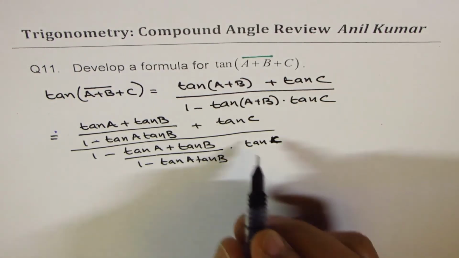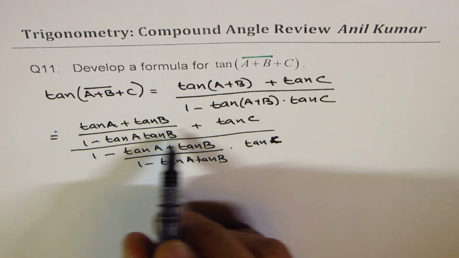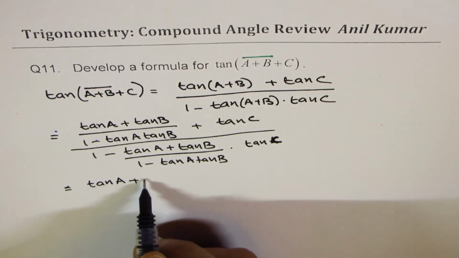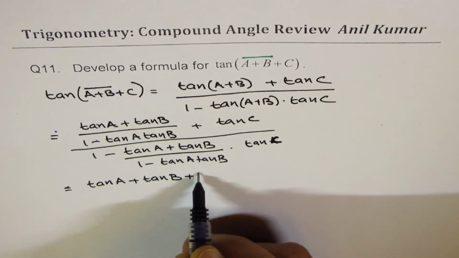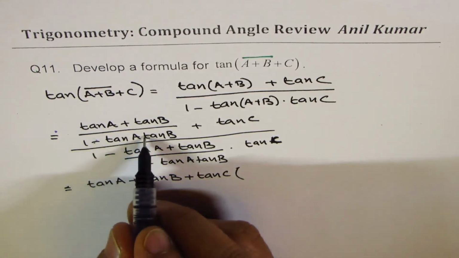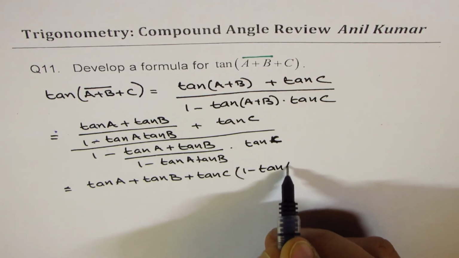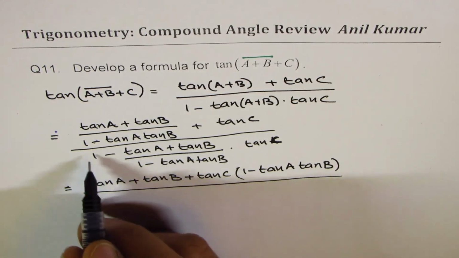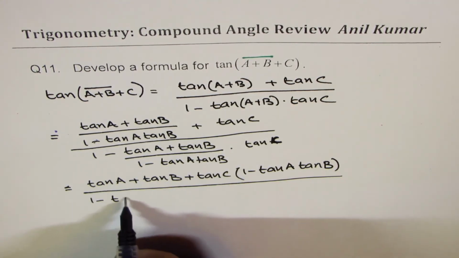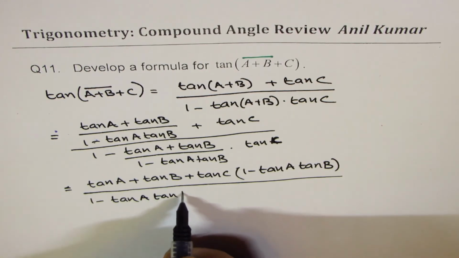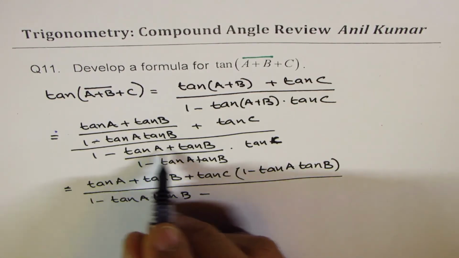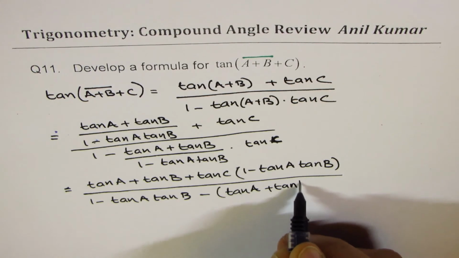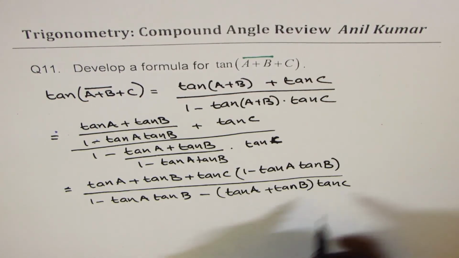Since these denominators are the same, we could multiply all the terms, so we get tan A plus tan B plus tan C times the denominator part, which is 1 minus tan A tan B, right? And in the denominator also, we can take this as a common factor, 1 minus tan A tan B. And here we have minus the product of these two, which is tan A plus tan B times tan C, correct?